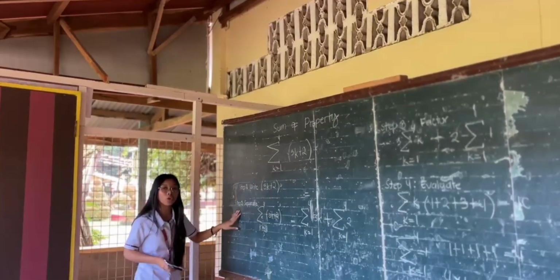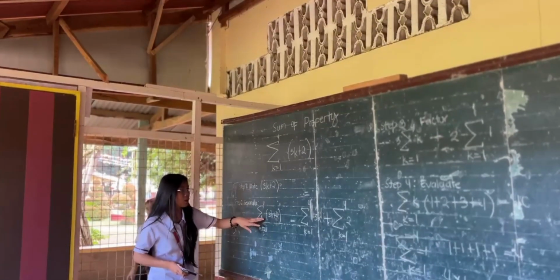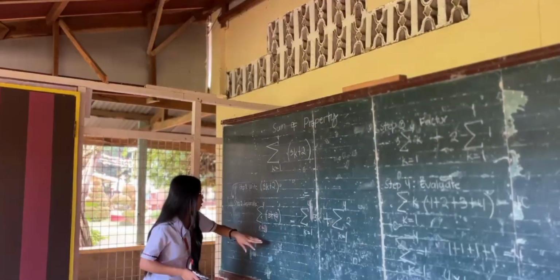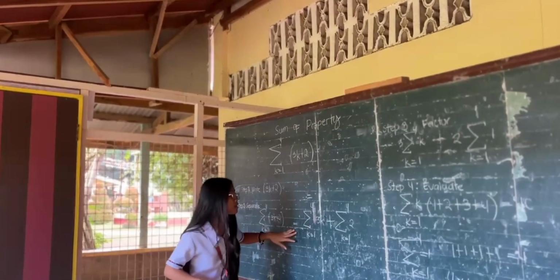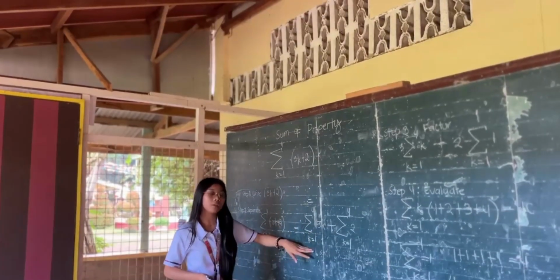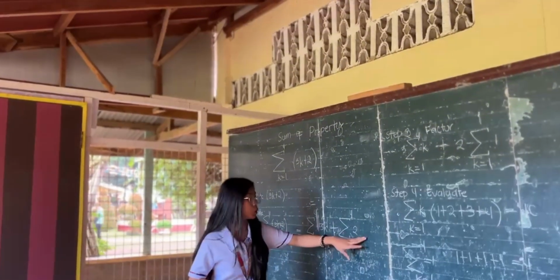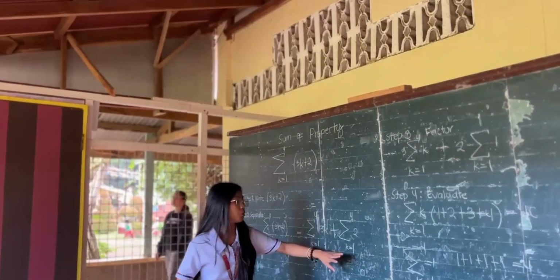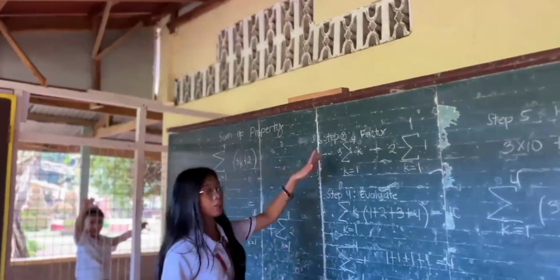Then step 2, we're going to separate it: the summation of 3k plus 2, where k equals 1 to 4, equals the summation of 3k, where k equals 1 to 4, plus the summation of 2, where k equals 1 to 4. Then, we're going to factor in step 3.